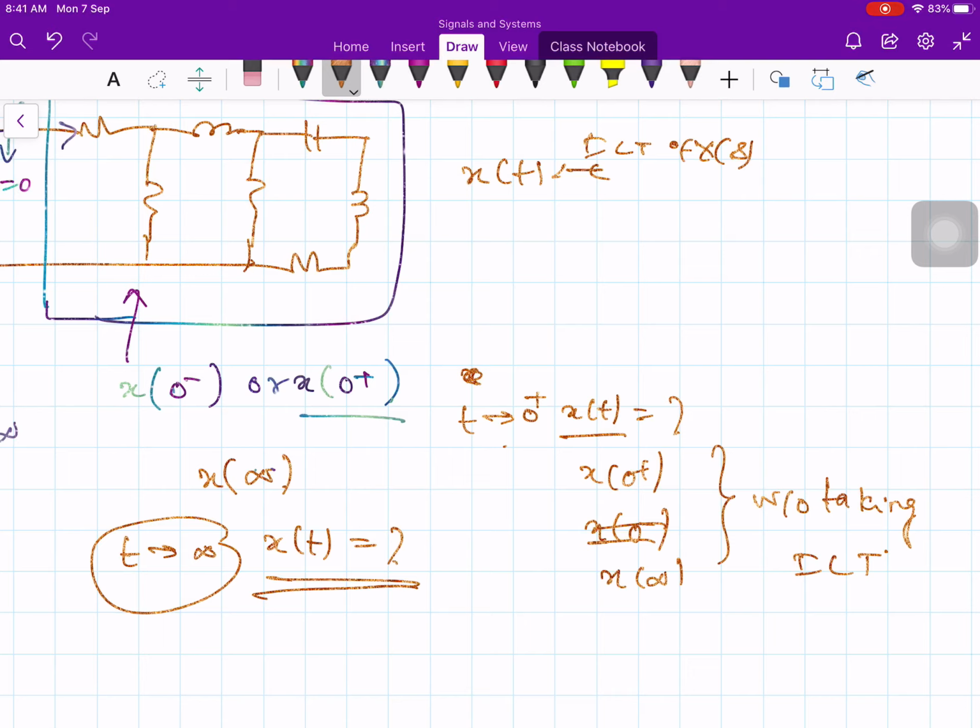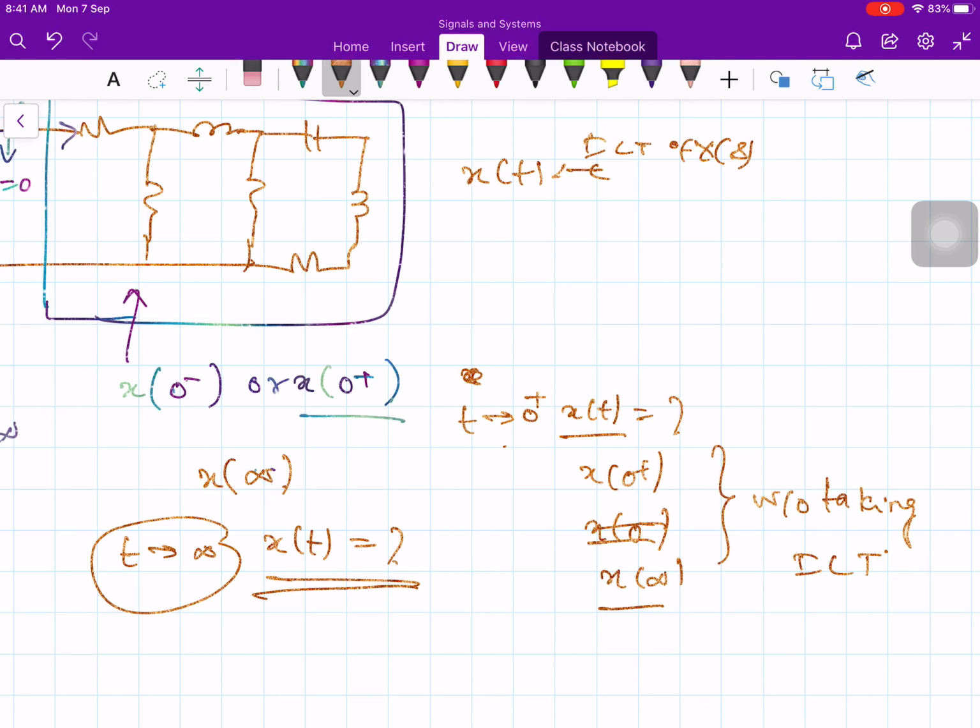Similarly, I wanted to know the value of the voltage when the switch is closed for a long time. You close the switch and apply a certain input like voltage or current, then you want to know the value of x of t after a long time, that is x of infinity.